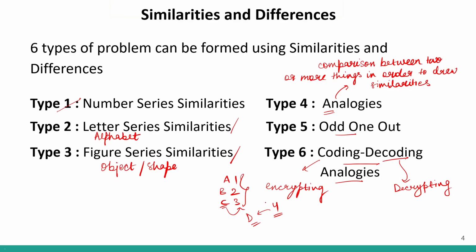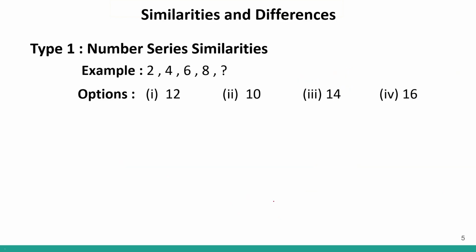Okay, so let us begin with understanding the first concept, which is number series similarities. In number series similarities, it is important to remember what are the prime numbers, what are the square numbers and square roots, and cubes. So this much information is required to know how to solve number series similarities.